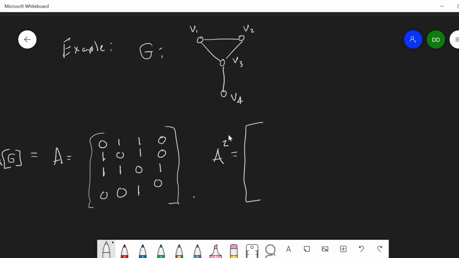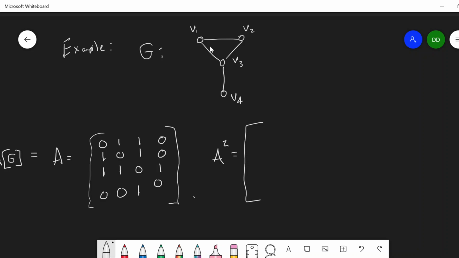So for instance, A squared, the 1, 1 entry is the number of walks of length 2 from v1 to v1. So how do you obtain a closed walk of length 2 from v1 to v1? Well, you have to go out to a vertex it's adjacent to, and then come right back. You can only use 2 edges.